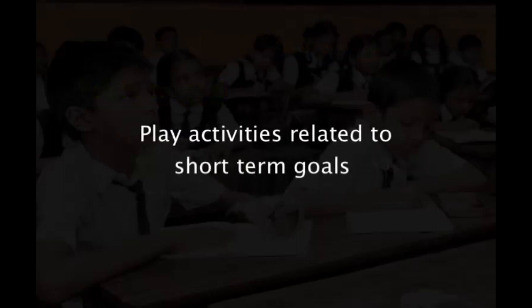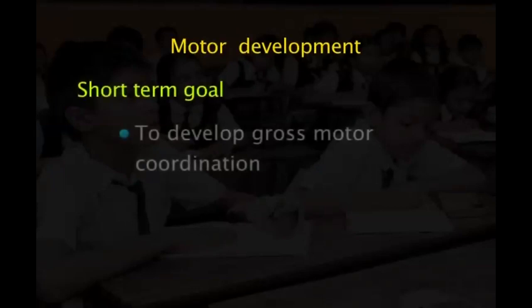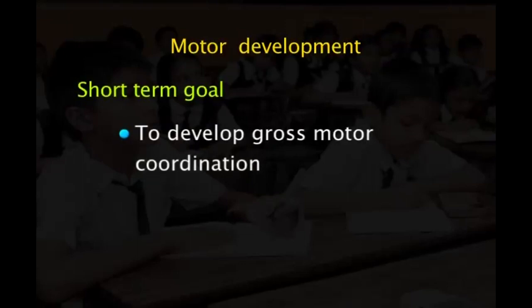Now, we will try to identify what play activities are related to the short-term goals. So, the first area is the motor development area. In the motor development area, the short-term goal will be to develop gross motor coordination.